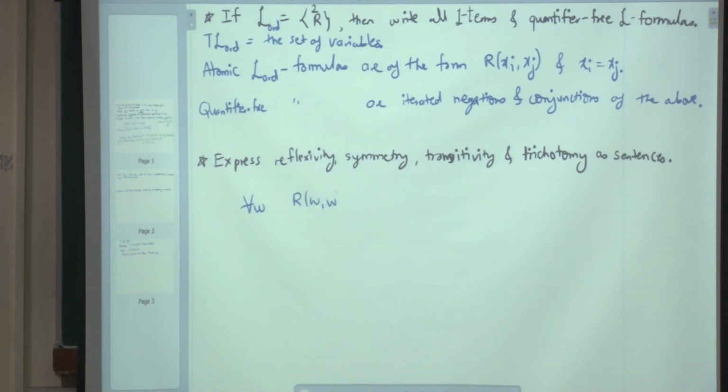RWW. So simple. Okay. How do we write symmetry? For all W1, W2, RW1, W2 implies RW2, W1, and I should put a pair of parentheses around this. You can write down transitivity and trichotomy. Yeah, you all know what to do.